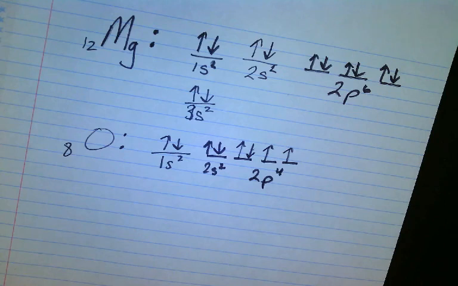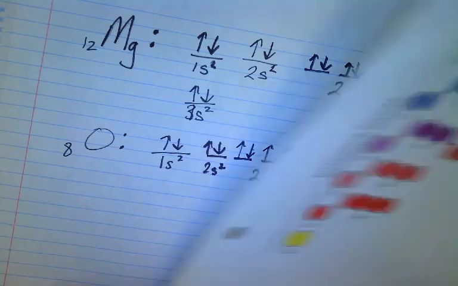And every element has that story. So now that you know how to do this, you're going to be able to tell that element's story. And this is all based on energy. What type of energy? Because remember, this is an energy diagram.